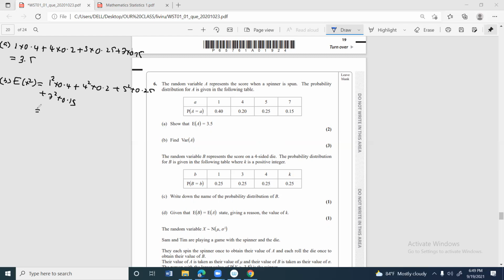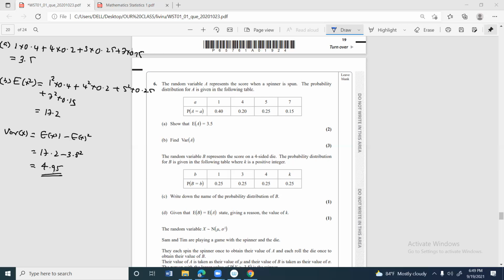With this, you get the answer E(X squared) as 17.2. With this, you can find the variance of A, which is E(X squared) minus E(X) all squared. So it turns out to be 17.2 minus 3.5 squared. With that, you get the answer as 4.95.